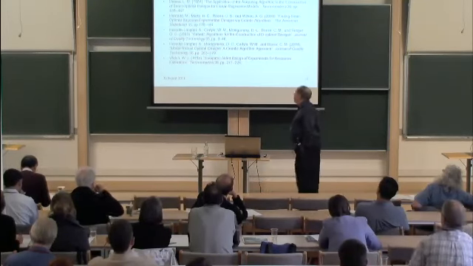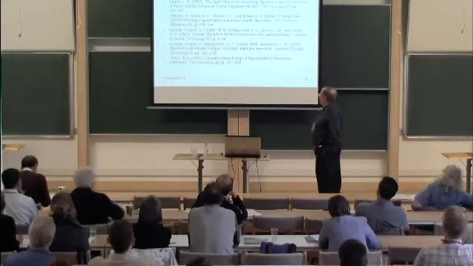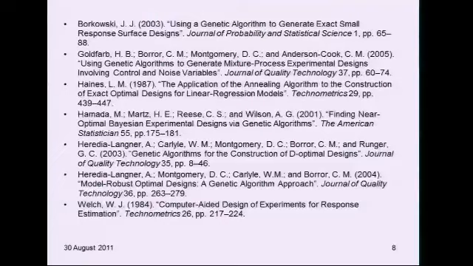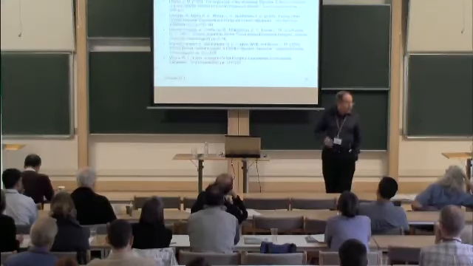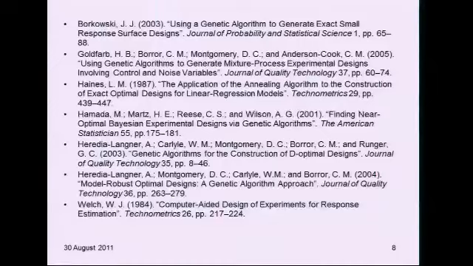And here are some of the papers. I didn't put all of them up here. There's a long list of papers where people have dealt with this problem. John Borkowski's paper is a really nice paper. I highly recommend it because he actually has a published collection of I, D, and G optimal designs of different numbers of factors and different numbers of runs, and he found all these with GAs, and it's really a very nice piece of work.